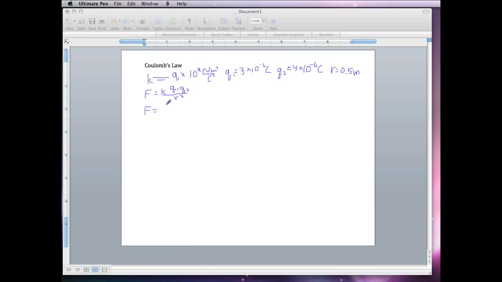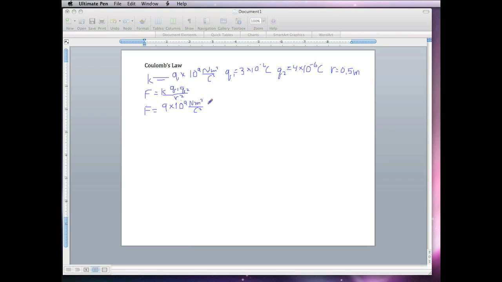The constant we said was 9 times 10 to the 9th Newton meter squared per Coulomb squared.